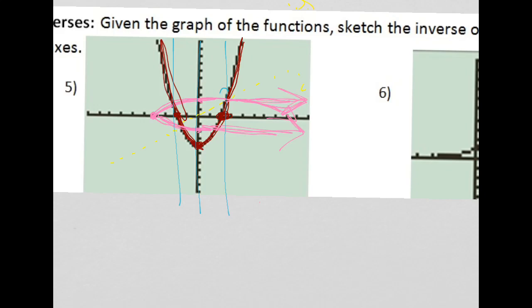But it looks like our inverse does not pass the vertical line test because each of those lines crosses our function twice, and so the inverse of this cannot be a function. Hopefully you are making the connection that the red graph is some sort of parabola, x squared, and then this pink graph is going to be a positive and negative square root function of some sort.